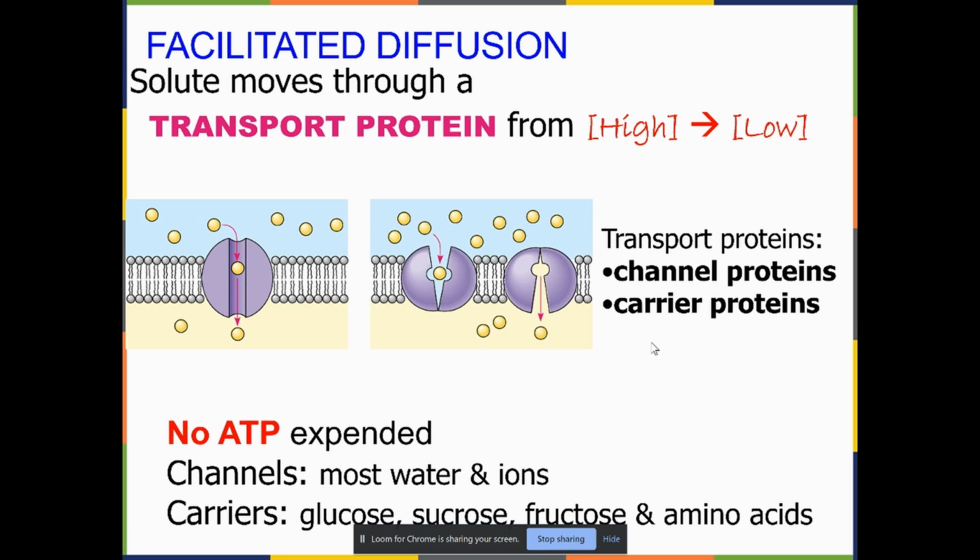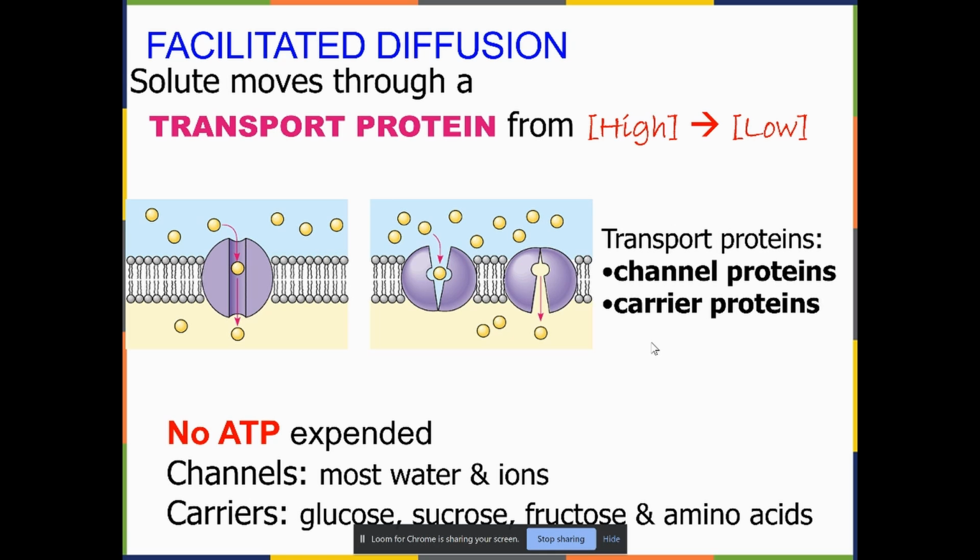So you can see in this image of facilitated diffusion, we're still moving solute, or something dissolved in a solvent, through the plasma membrane. But we're doing that by using a channel or carrier protein. In the images shown, the channel protein is on the left, and again, as long as the molecule fits, it can go through the channel.